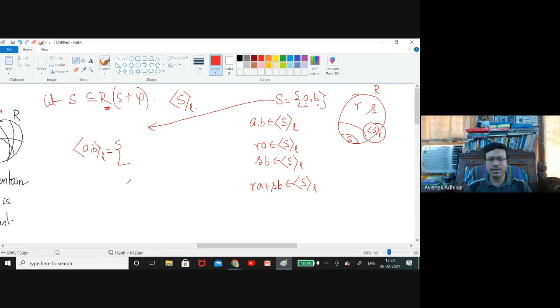Is the question clear? I have taken an arbitrary ring. I don't know whether this is a commutative ring or not. I don't know whether the ring has the identity element or not. So I have just an arbitrary ring and I have S. For the time being, let us assume that S has only two elements, A and B.